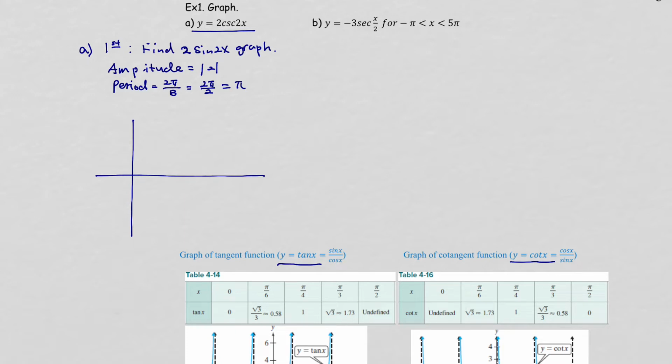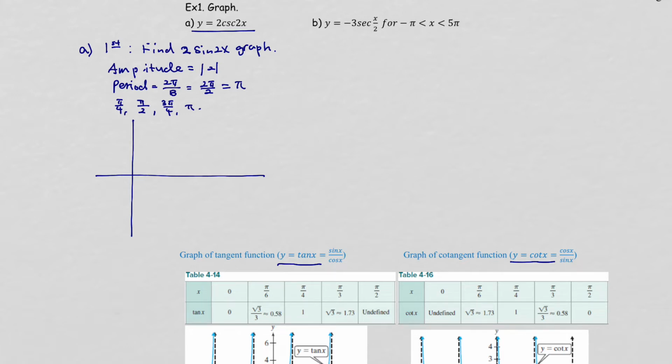The period is pi, so that's going to be pi over 4. And then when you add pi over 4 to that, you're going to get pi over 2, then 3 pi over 4, and pi.